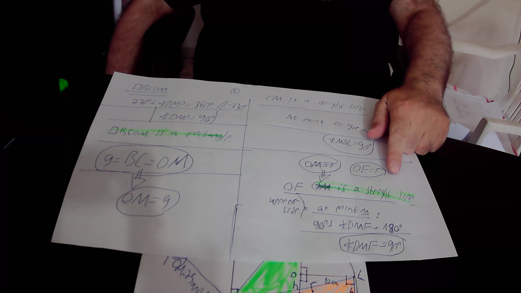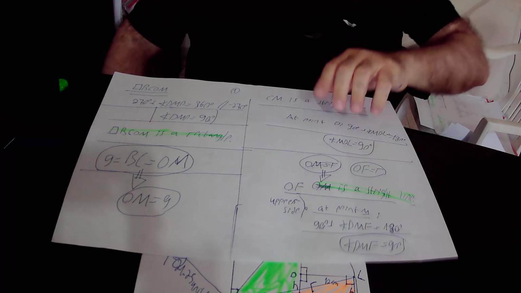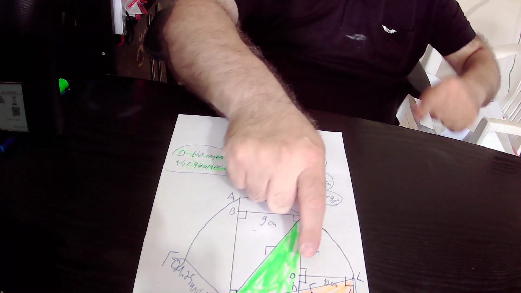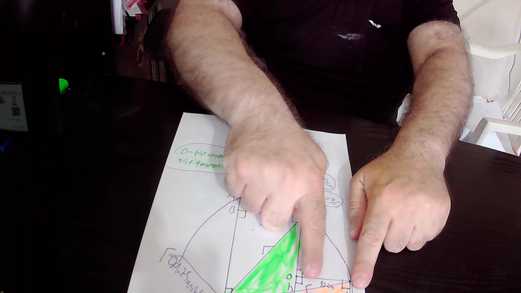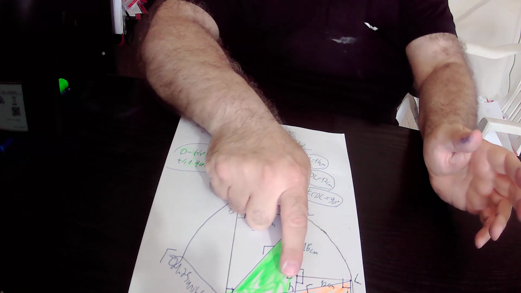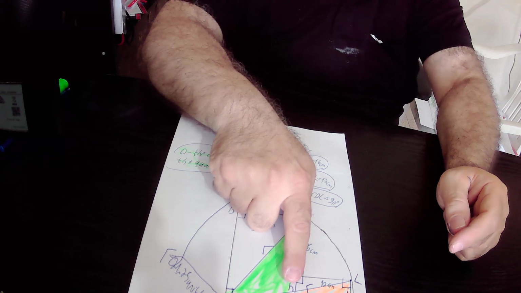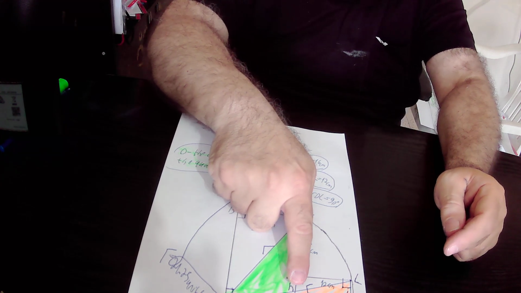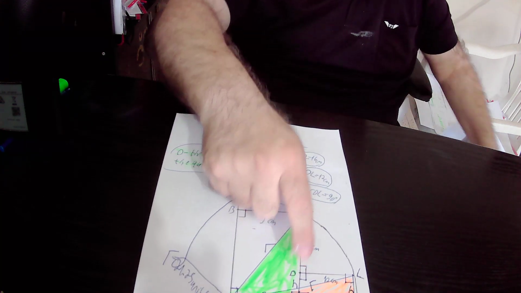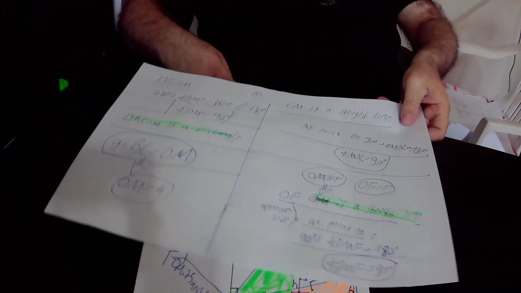If we focus on the upper side of the straight line OF at point M, the sum of the angles must be equal to 180 degrees. So which angles do we have on the upper side of OF at point M? We have 90 degrees plus this angle, which is angle DMF.